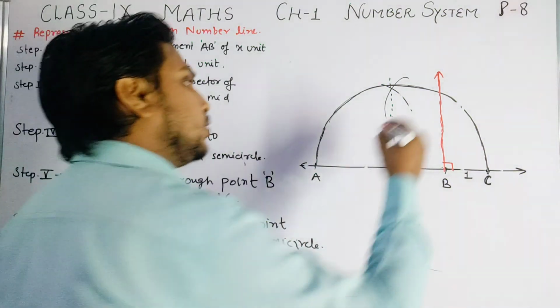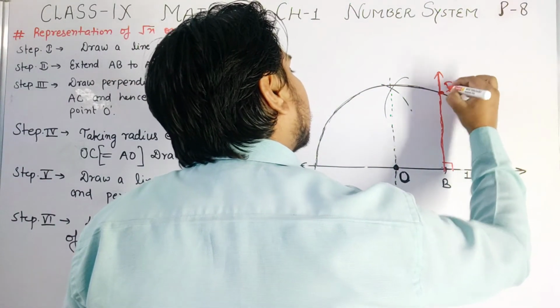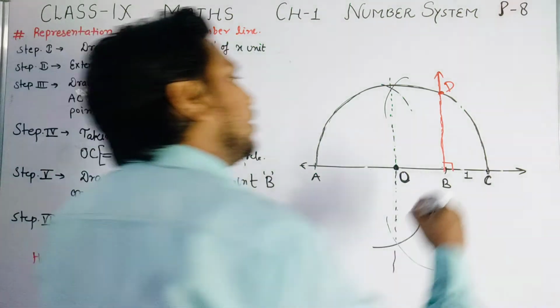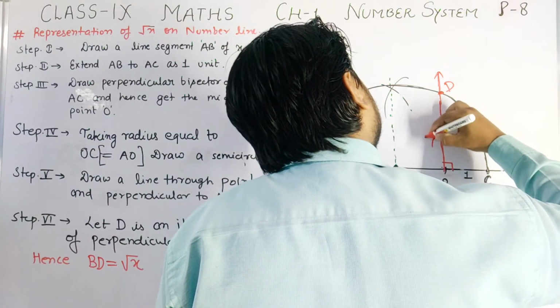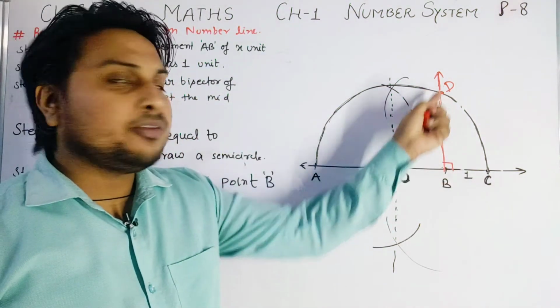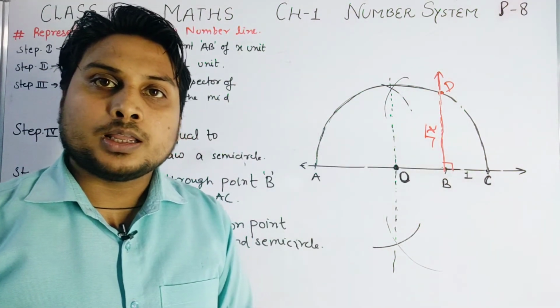So suppose this is your point D. So students, this line BD, hence BD is equal to under root x. This line BD will represent the length under root x.